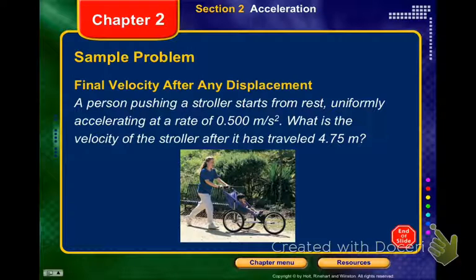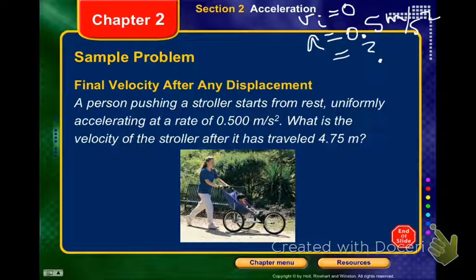So your initial velocity is equal to 0, right? Uniformly accelerating at a rate of 0.5 meters per second squared. What was just given then? Acceleration. Acceleration is 0.5 meters per second squared. What are we looking for? What's the symbol for that?